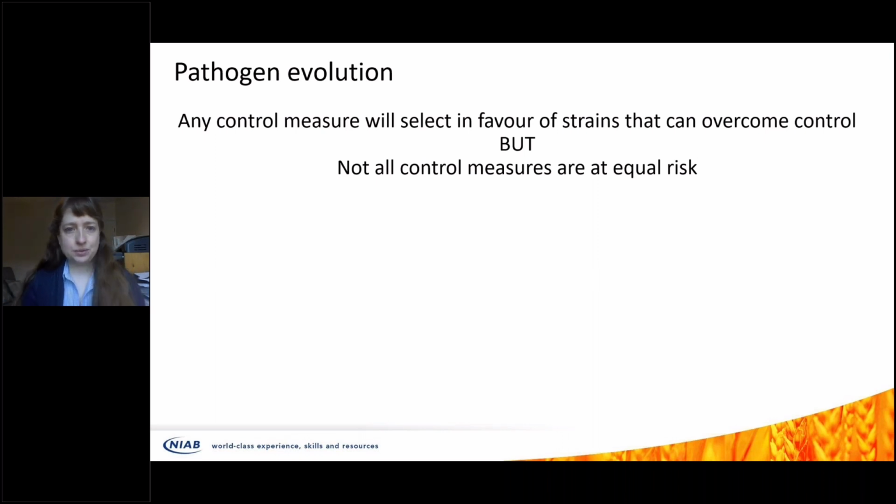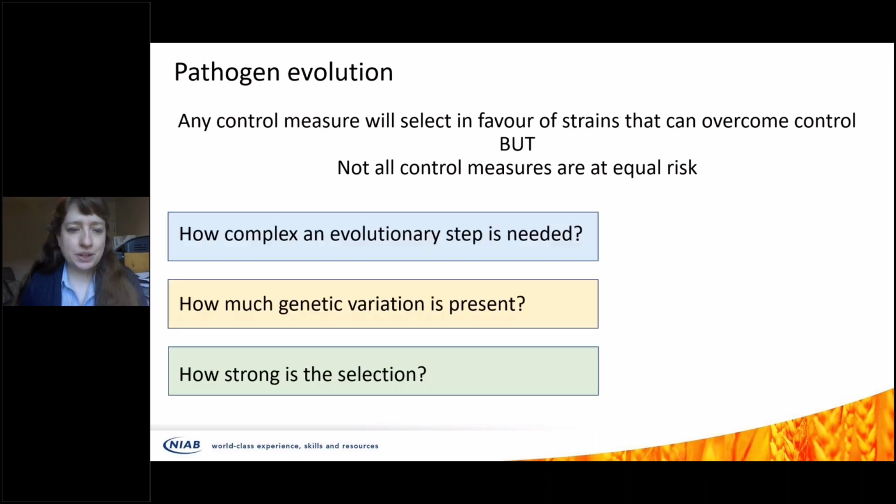The actual risk for any given measure will depend on how complex a step is needed to evolve from sensitive to resistant, and it will depend how much genetic variation there is. That could be variation already there in the population, or it could be the mutation rates generating new variants, and it depends on how strong the selection is.